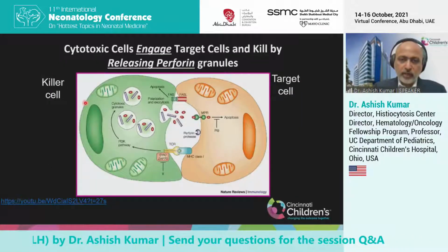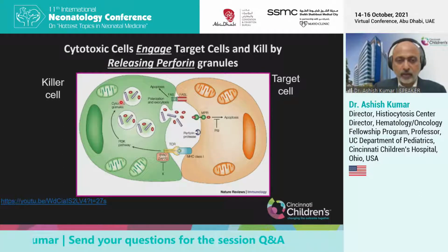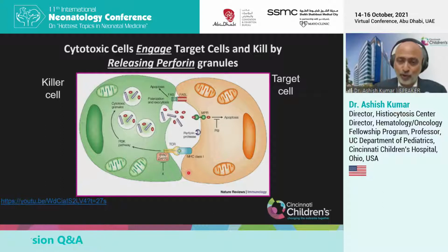So shown here is a detailed view of how the cytotoxic lymphocytes kill the target cell. They do so by creating an immunologic synapse, which is similar to the neurologic synapse, where two cells make contact, but there's a small gap in between.